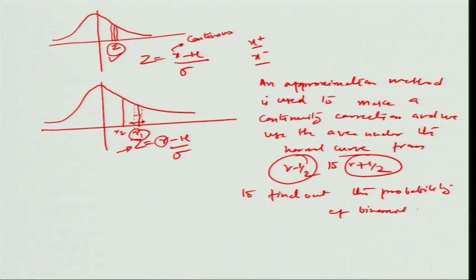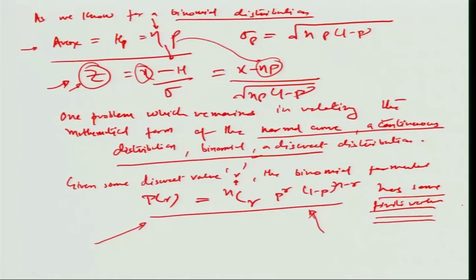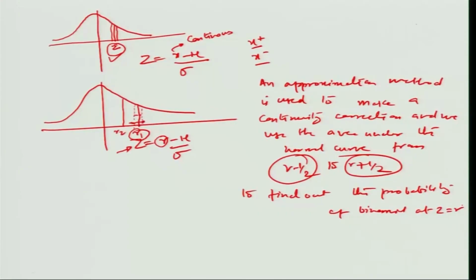I am going to represent it more clearly when we actually discuss a numerical problem, but here the idea is that you will try to establish the z variate functions as two variables rather than one single variable at r.